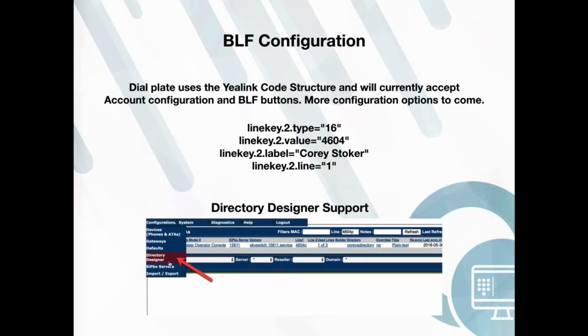As far as configuration, Dialplate uses the Yealink code structure and will currently accept configuration for the accounts, which is all done automatically, and BLF buttons. So you have the choice of either manually entering your BLF keys or by using the directory designer, and we'll go over some of that here.